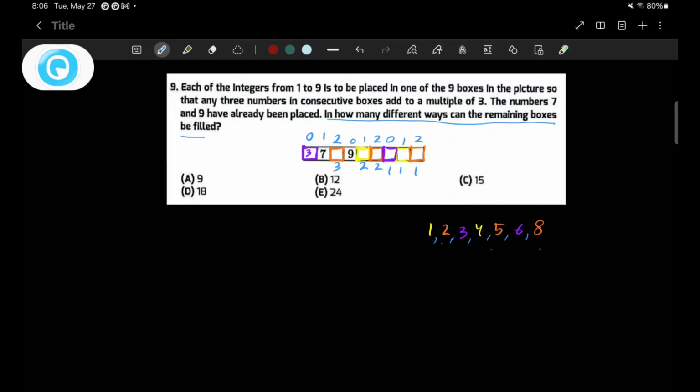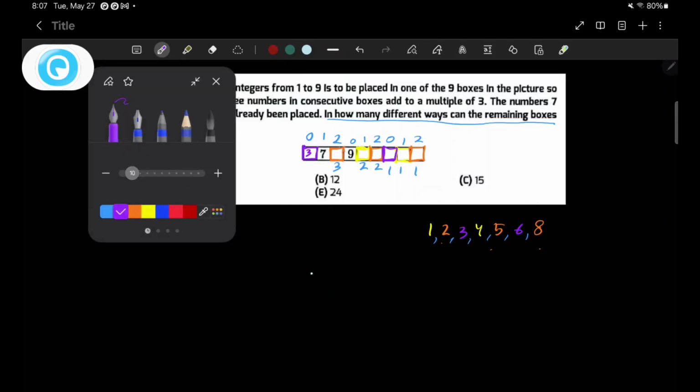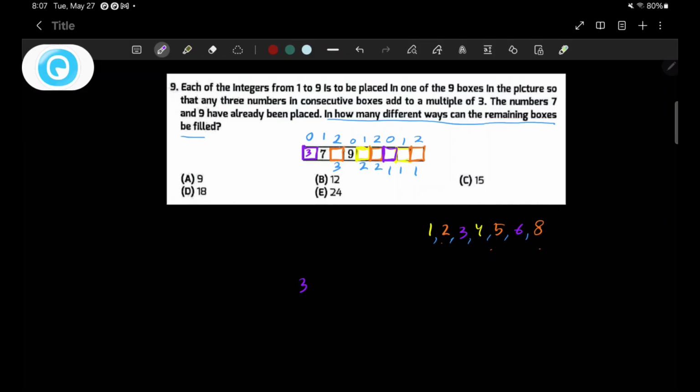Meaning, let's write down a few choices so that you get a picture of it. 3, 7, then from the orange, let's write down 2.